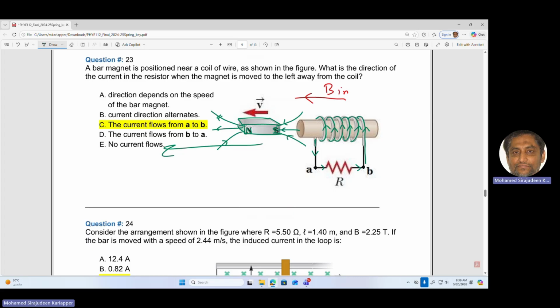You understand that? I want to produce a magnetic field to the left. It will happen only if the current flows like this. Look at the thumb. The thumb shows you the magnetic field direction. So that means the current direction through R will be from A to B.